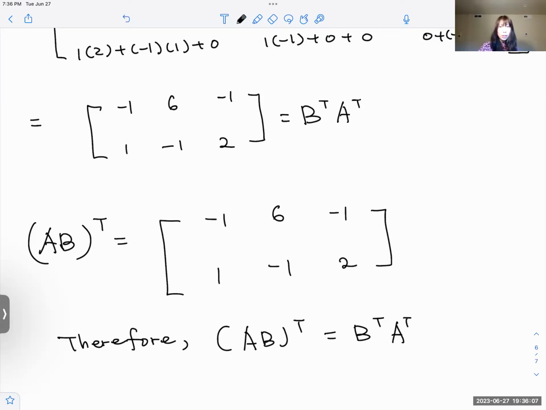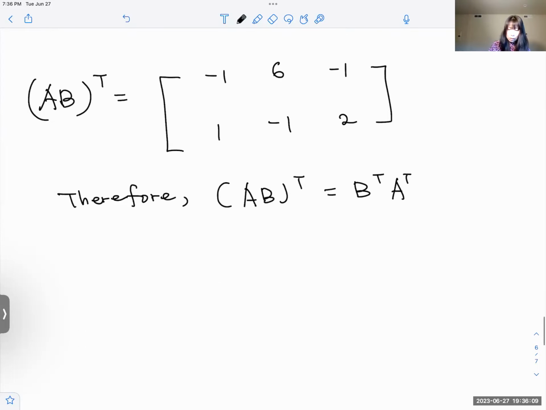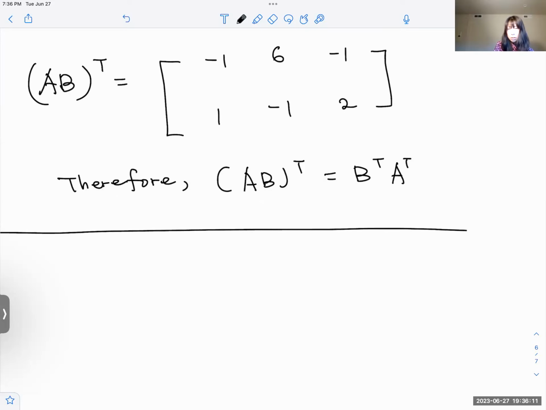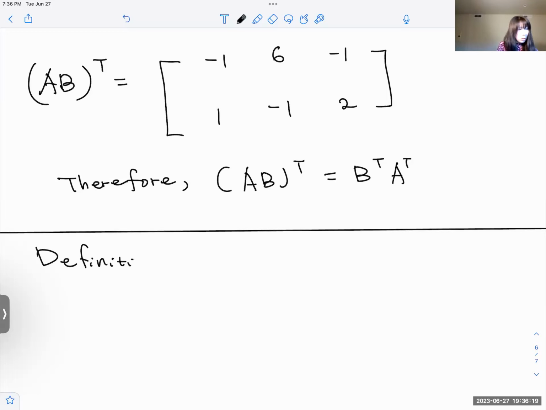Okay, we have another definition: symmetric and skew symmetric matrices.